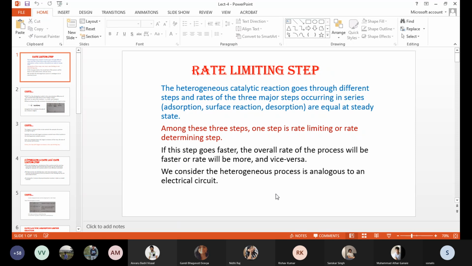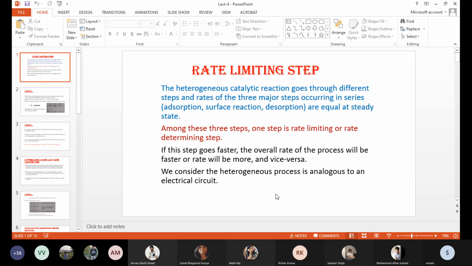If one runner is slow, the whole run is slow. Although you have a relay race team where 4 runners are there, 3 runners are very fast, 1 is slow, then the total race will be bottlenecked with that slow runner.